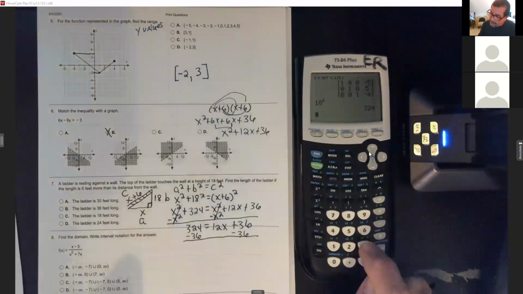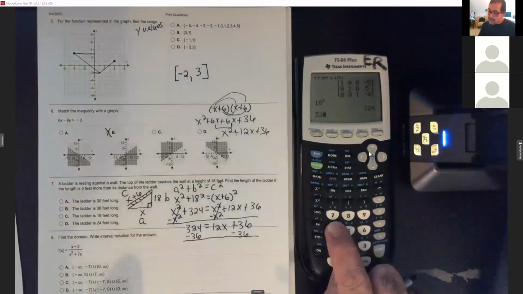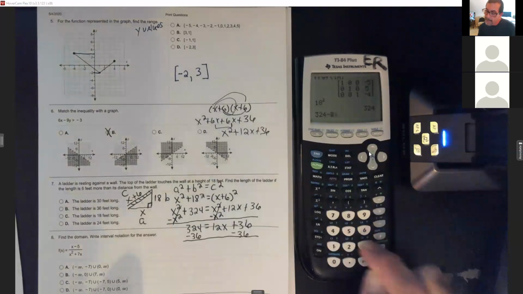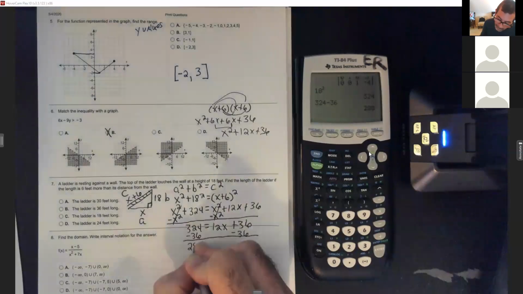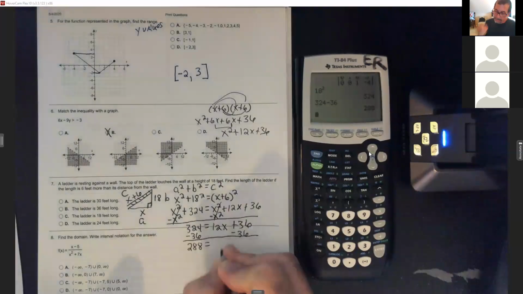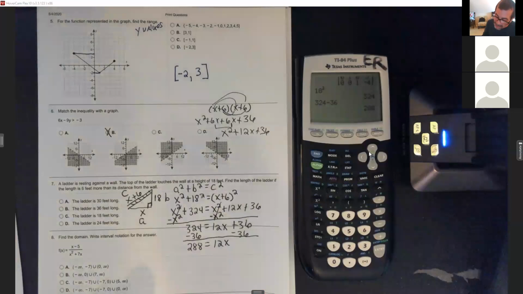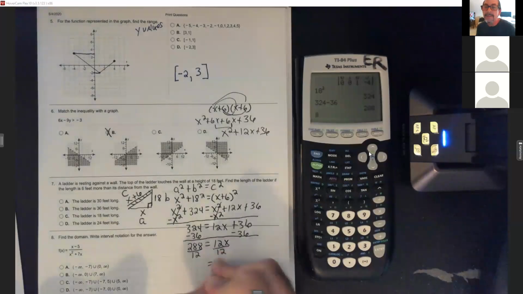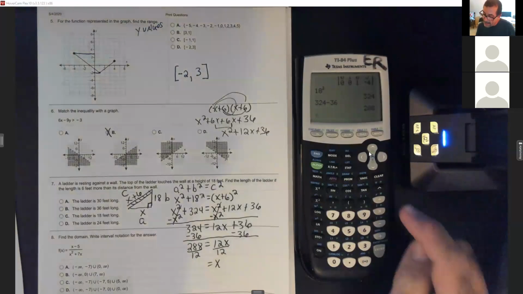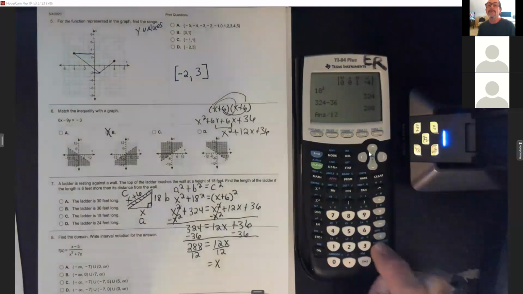So let's see, 324 minus 36 will give me 288. That's going to equal our 12X. And then divide both sides by 12. So that'll give me my X. So let's see, 288 divided by 12 is going to give me 24.